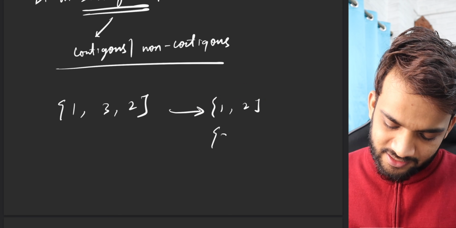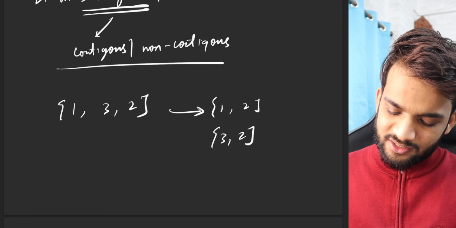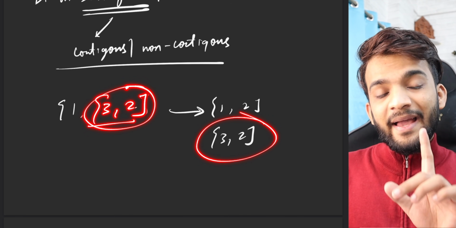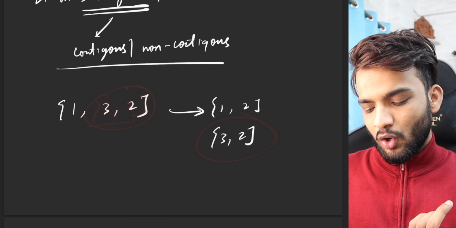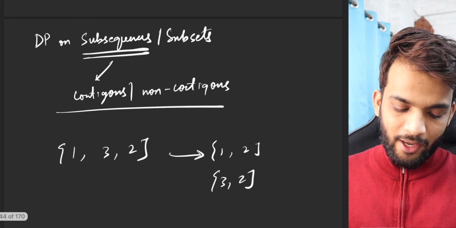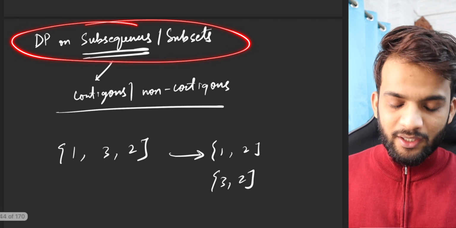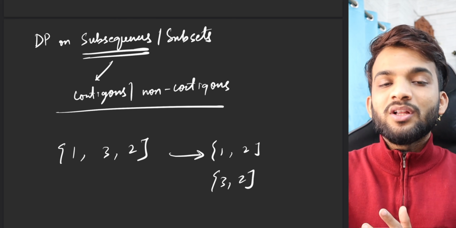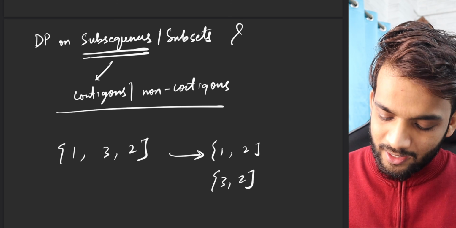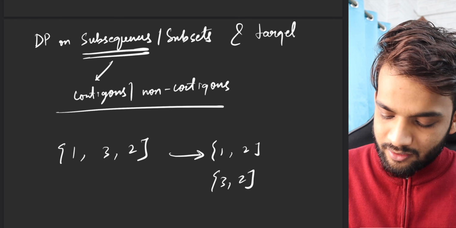Again, is this a subsequence? Yes, this is also a subsequence because 3, 2 follows the order, and it can also be called a subarray. All the problems that we will be doing are based on DP on subsequences or subsets, and we will also have one other thing as the target.